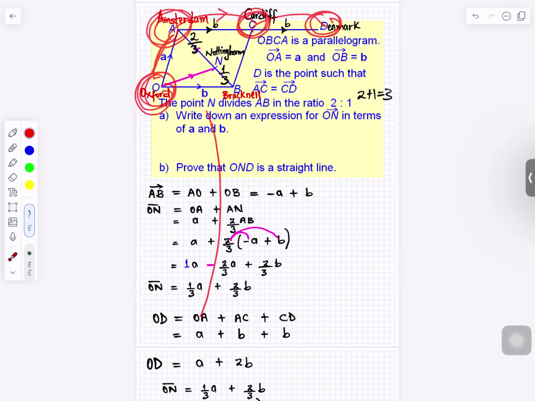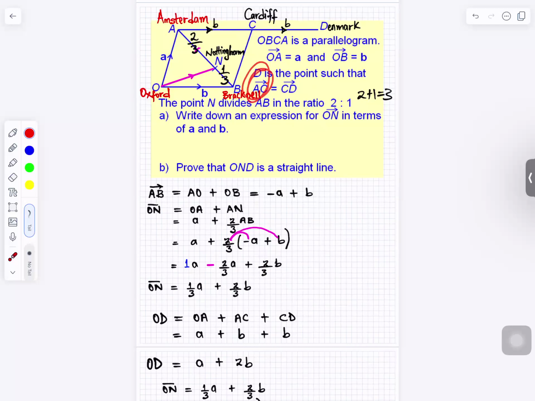Oxford to Amsterdam is A. Amsterdam to Cardiff is B. And Cardiff to Denmark is B as well. Why is it B? The question says AC is the same as CD. So if AC is B, CD is B. And how did we get B? Because it's a parallelogram. OB is B and AC is B, they are the same. So you go from that to that and then to that next one. Now B plus B is 2B.